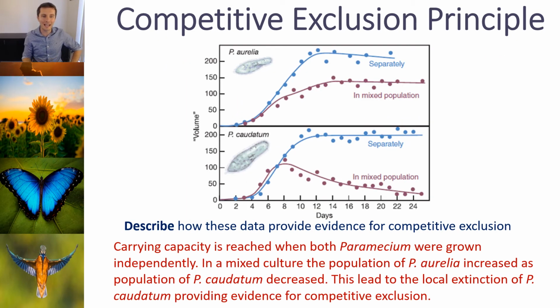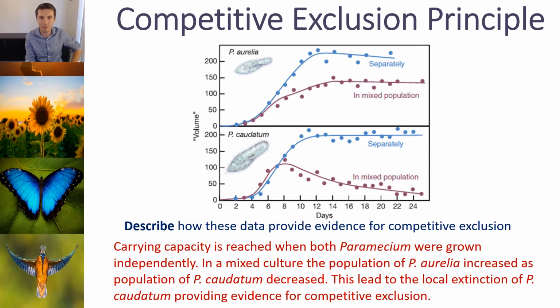Then looking at the answer, describe how these data provide evidence for competitive exclusion. Carrying capacity is reached when both Paramecium were grown independently. Carrying capacity is the maximum population that can exist given all other limiting factors. So when they are grown independently, separately, you can see that these populations reach a high level and begin to level off.